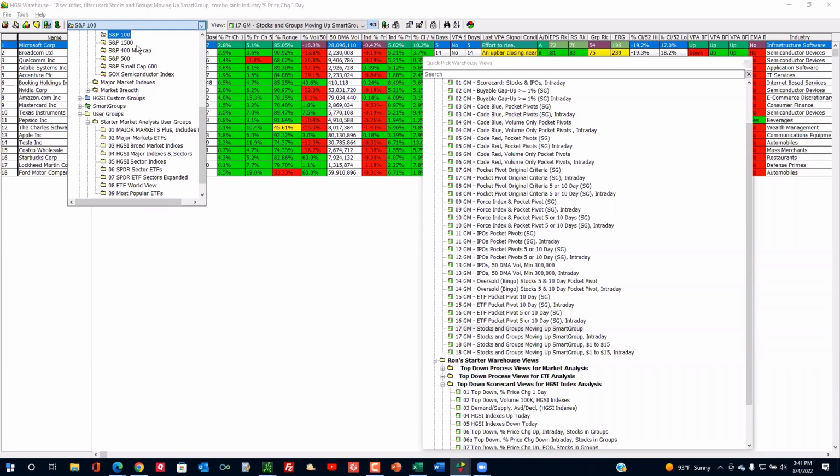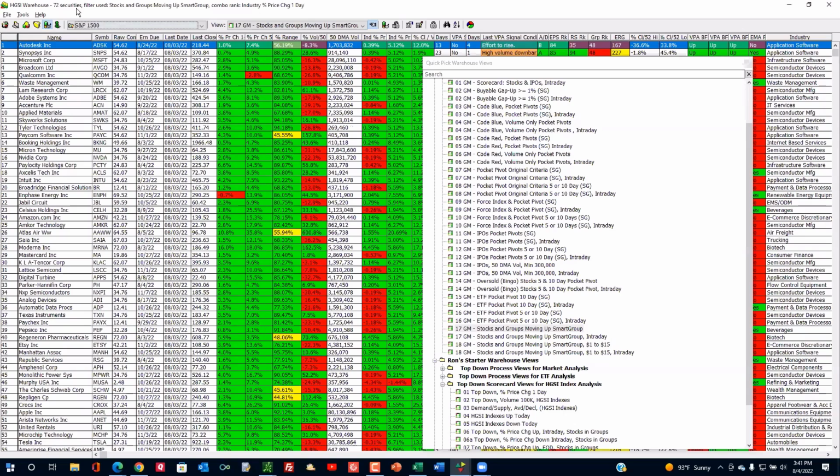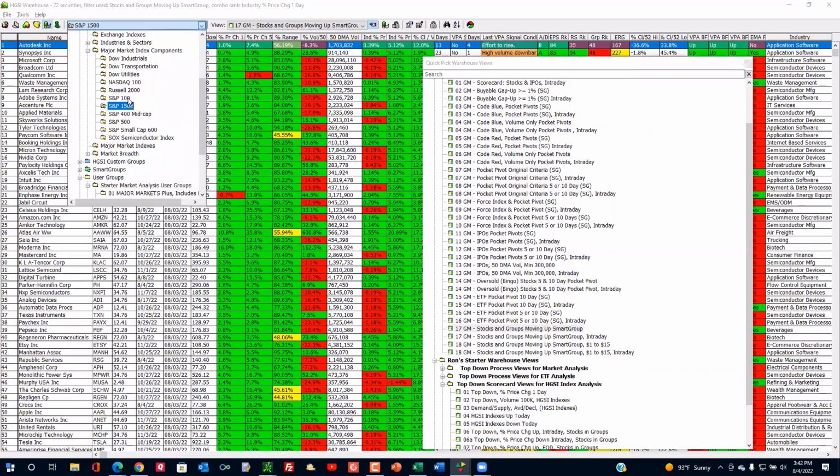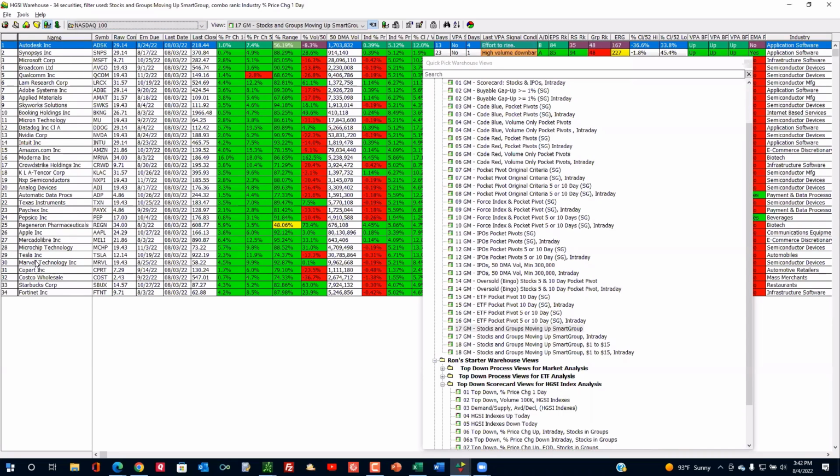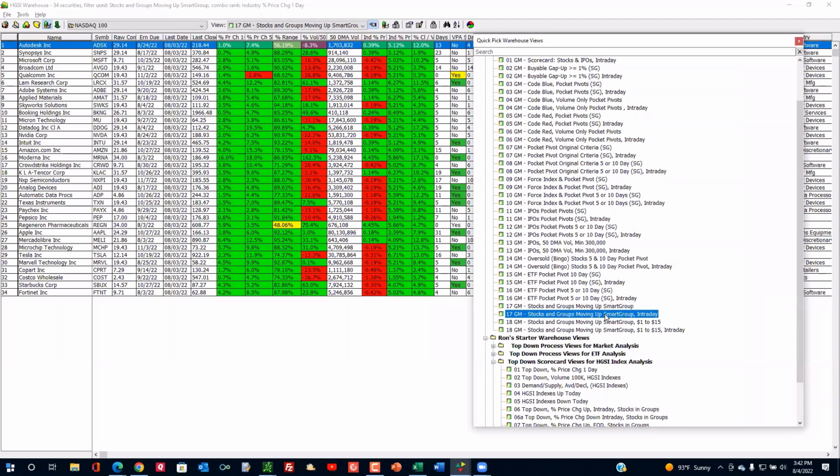let's go to the S&P 1500. There's 72 of them in the S&P 1500, but how many of them were in the NASDAQ 100? Whoops, I got the wrong one. NASDAQ 100. 34 of them were in the stocks and groups moving up. And how many of those followed through today?